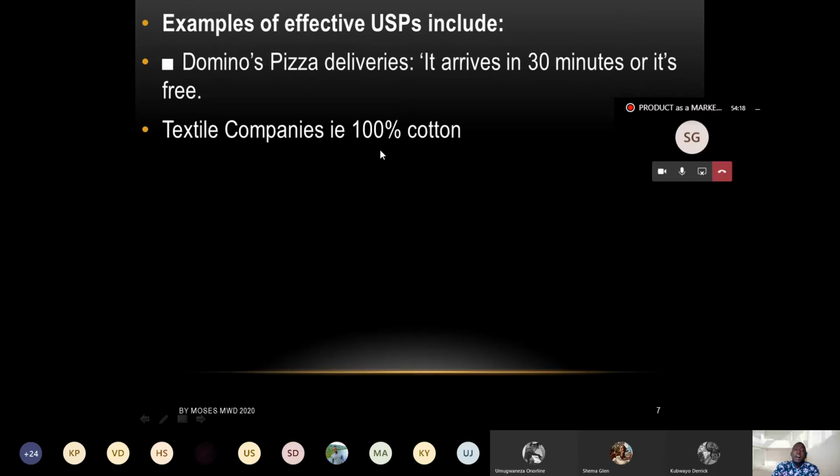Another one, textile companies. There are some textile companies that produce shirts, trousers, 100% cotton. But not all clothes are 100% cotton. Others are duplicated. So there are those textile companies that produce 100% cotton products.